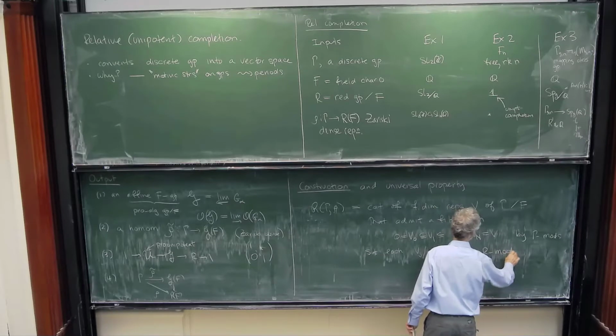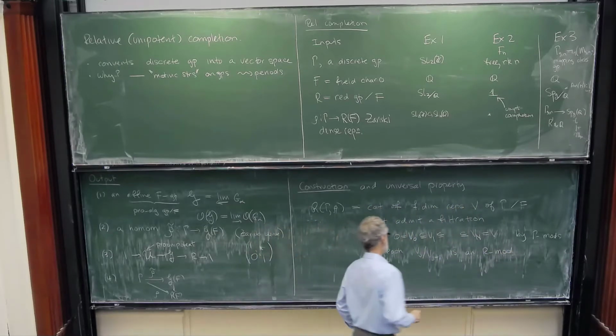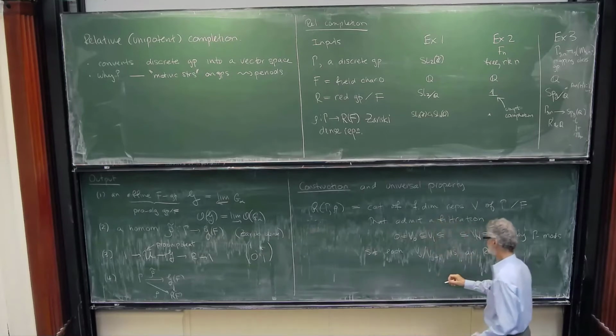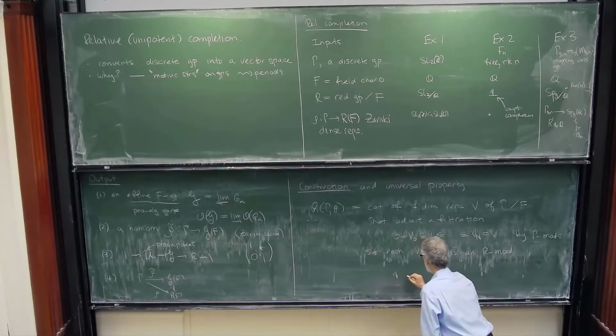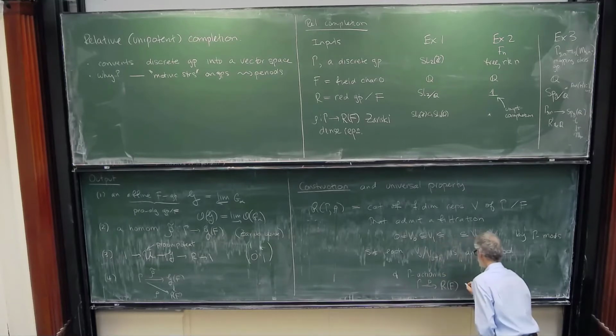That means a representation of the algebraic group, and the action of gamma on it factors through R, and this maps into R(F).